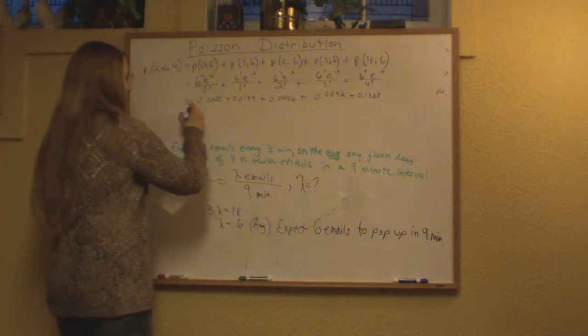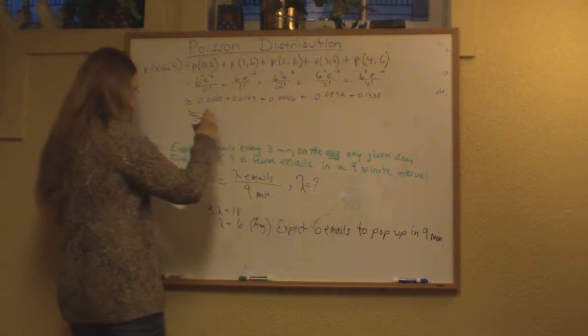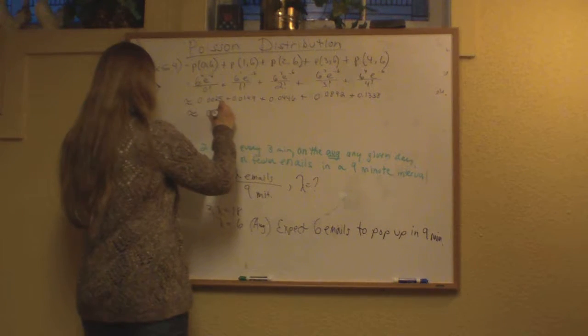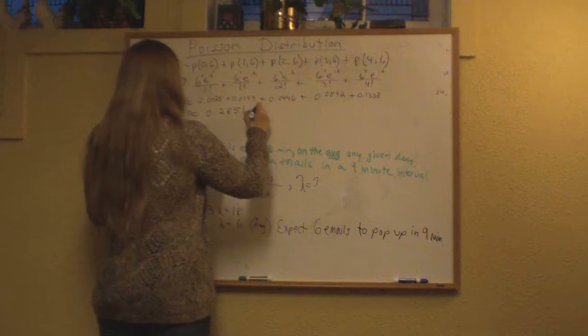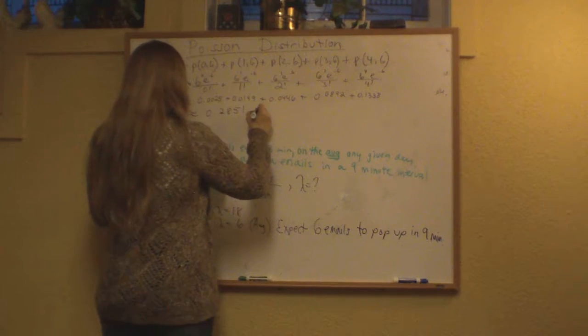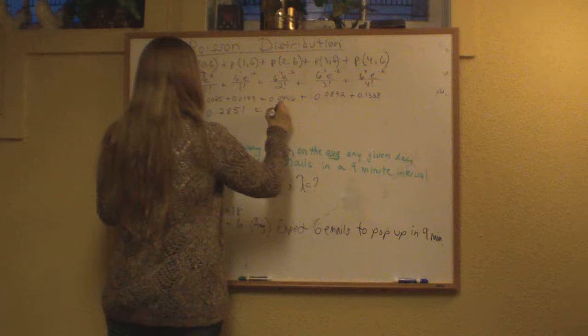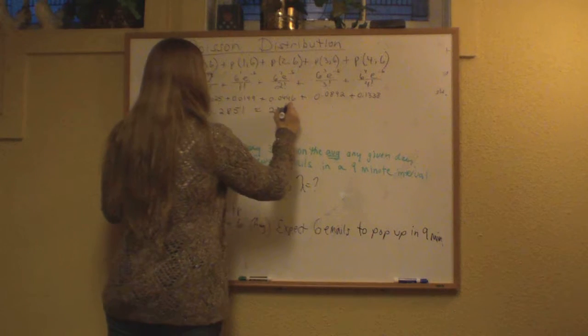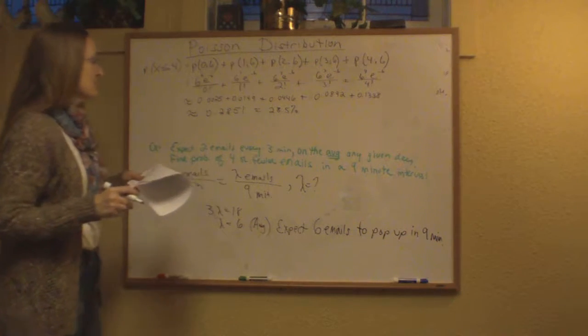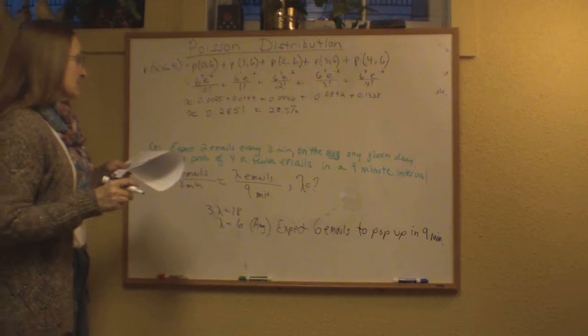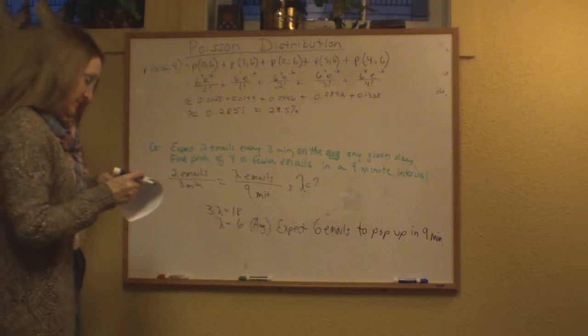If you add all of these up, that's approximately equal to 0.2851, which is approximately 28.5%. So the probability is 0.2851, about 28.5%.